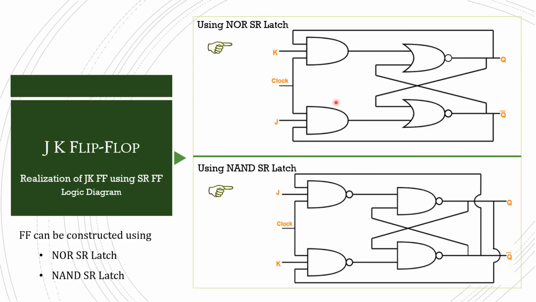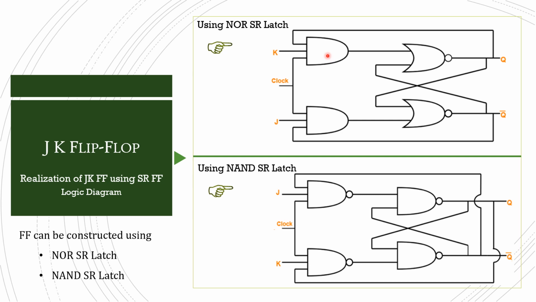Since we have two implementations of the SR latch, that means by using NOR or by using NAND, we can implement an SR latch, right? So this JK flip-flop can also be constructed using NOR SR latch and NAND SR latch. If you are using NOR SR latch, the steering gates are AND gates.